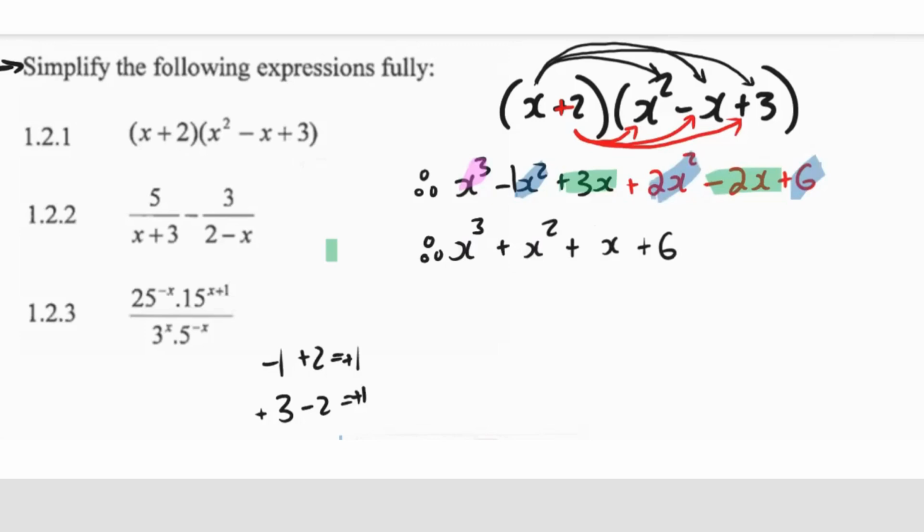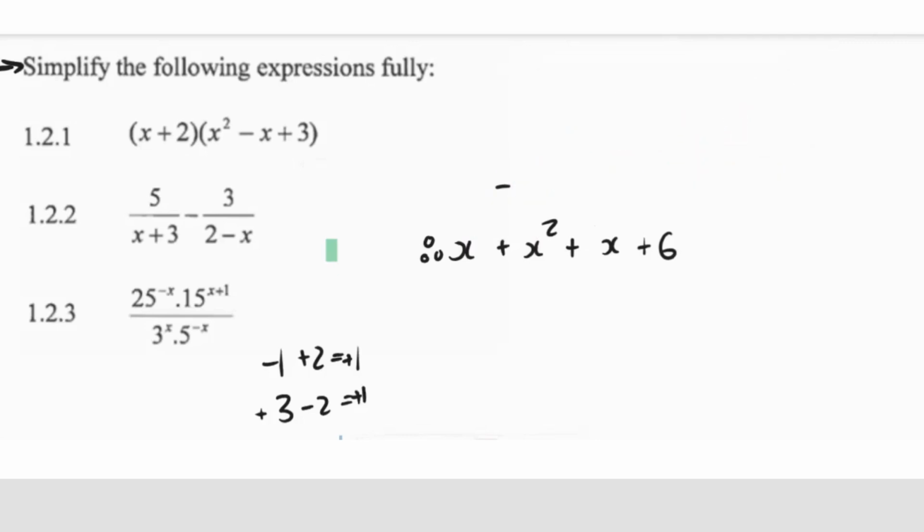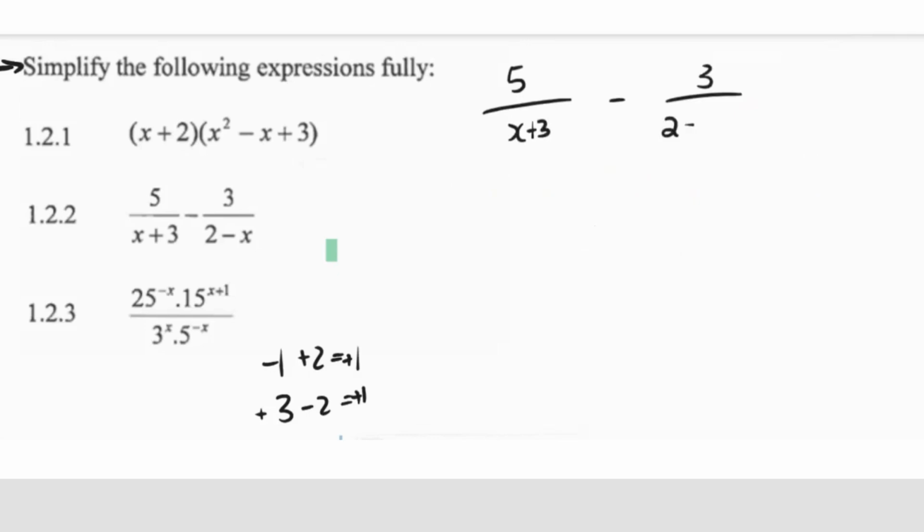Okay. So now let us go to the second one. On the second one there, we are given 5 over x plus 3 minus 3 over 2x minus 2.